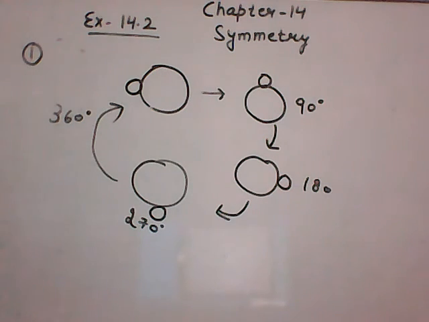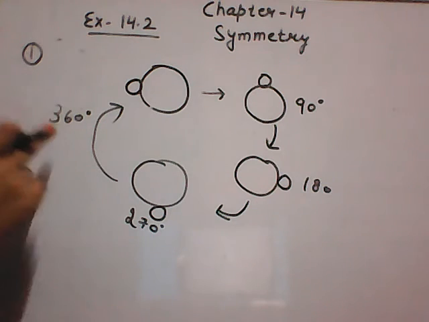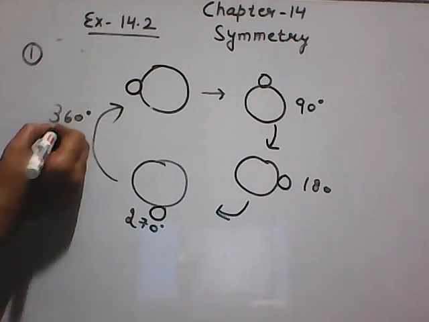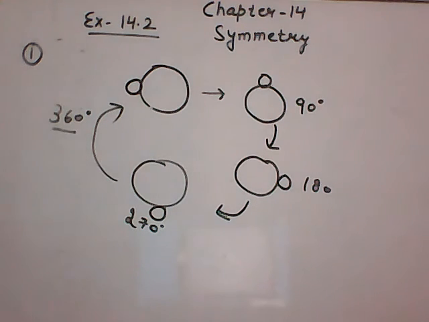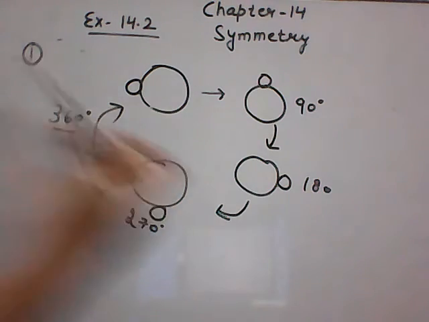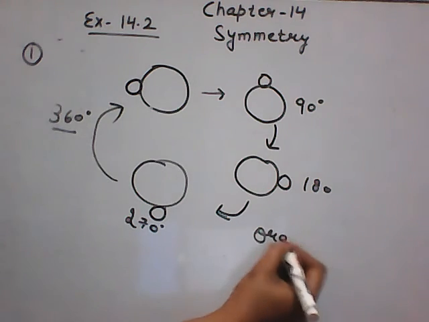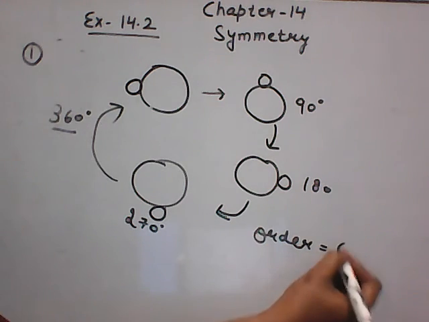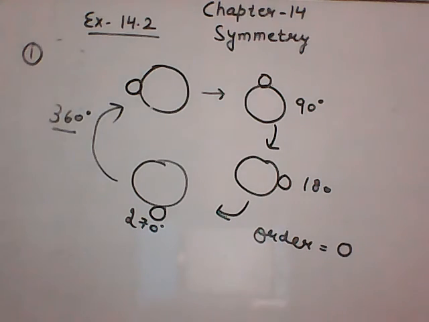The figure coincides with its original position only at the complete rotation of 360 degrees, so we can't consider this as the order of rotation. So in this figure the order of rotation is 0. That means this figure does not have rotational symmetry.